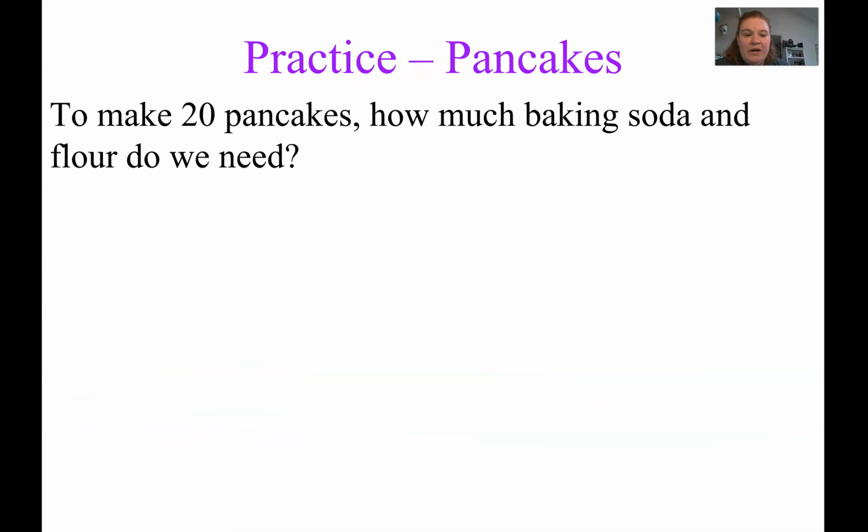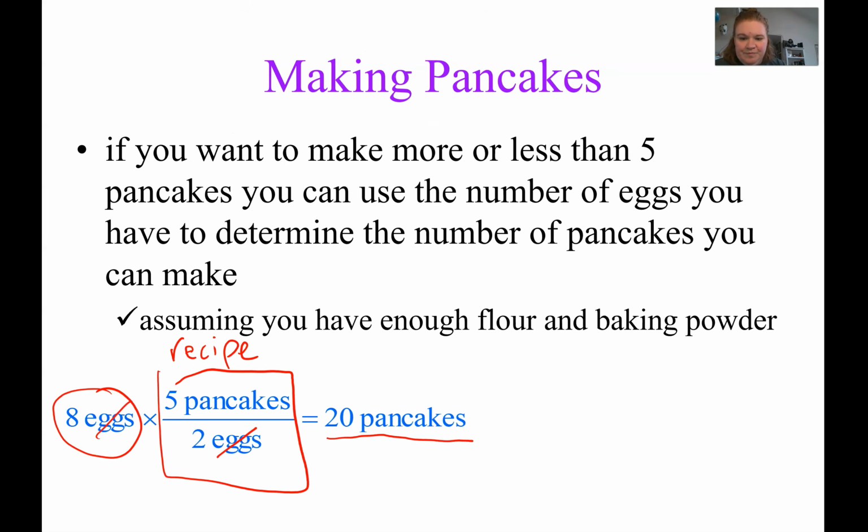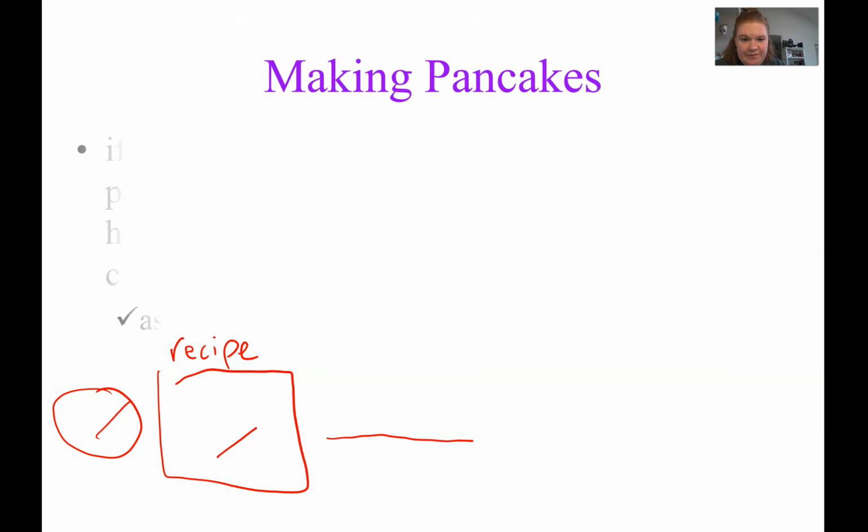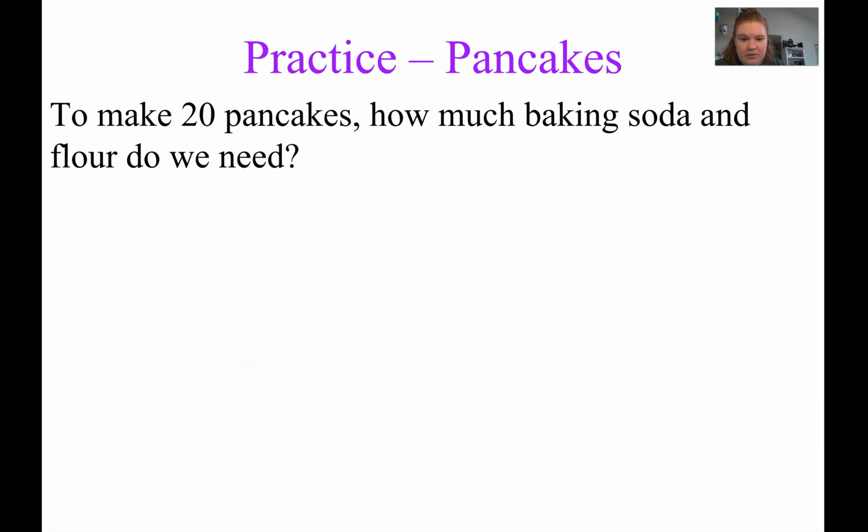If we want to make 20 pancakes, how much baking soda and flour will we need? We already know how many eggs we need. So I'm going to go back and get our relationship. We need half a teaspoon of baking powder and 1 cup of flour for the 5 pancakes.